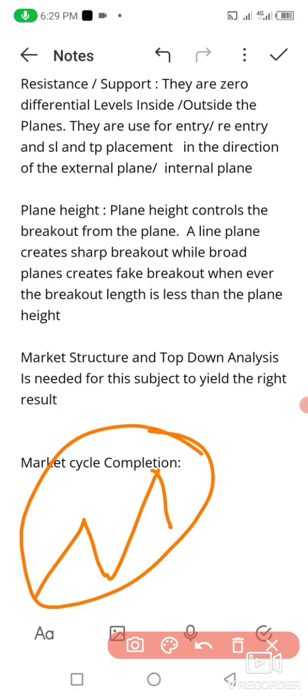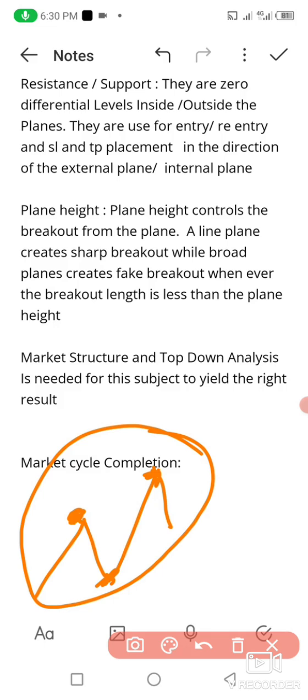What makes it a cycle? Now, how many turning points do you see there? One, we have 1, 2, 3. So this is 3 turning points, meaning that the cycle is a complete cycle.